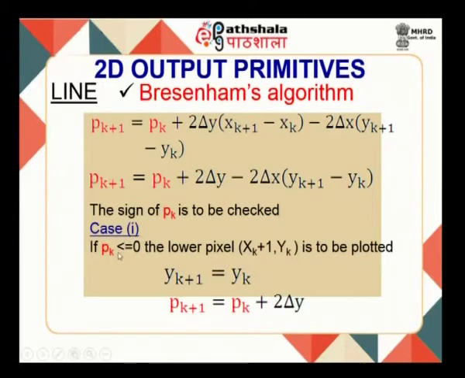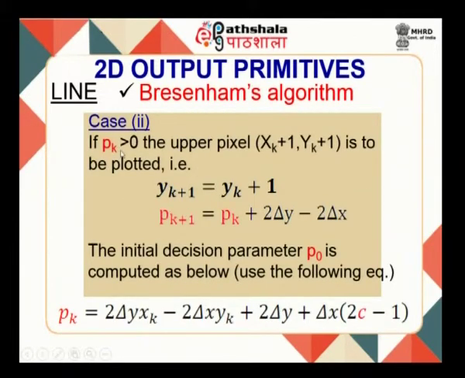Case 1, if pk is less than 0, the lower pixel, the next y is actually yk. Now compute the equation for the next decision parameter: replace this yk plus 1 with yk. So, yk gets cancelled and this whole term becomes 0 and you are left with the next decision parameter equal to pk plus 2 delta y.